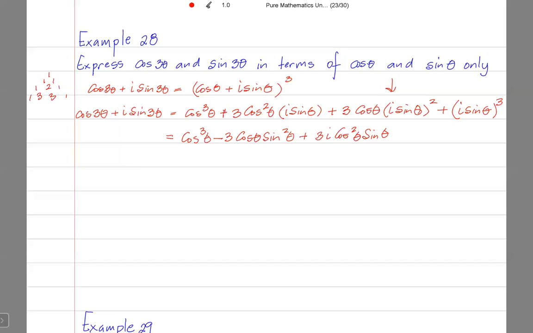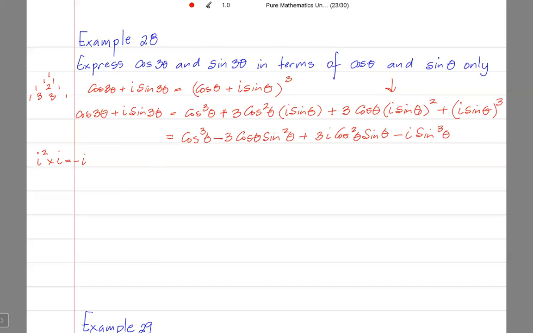Now, i cube would be i square times i, but i square is minus 1. So i cube is simply minus i. So this is going to be minus i sine cube theta.